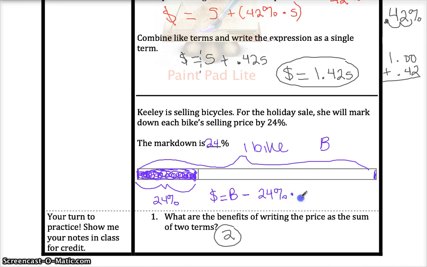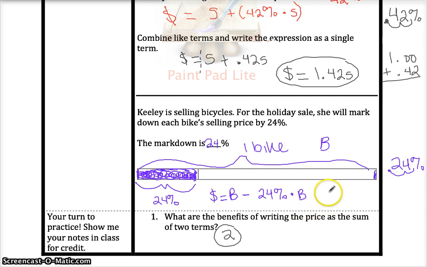Of means multiply. And again, we want to simplify this expression, but we have a percentage in here. So we need to change that 24% to a decimal. So we've got a 24% and we want to change it to a decimal. Move that over 2 times.